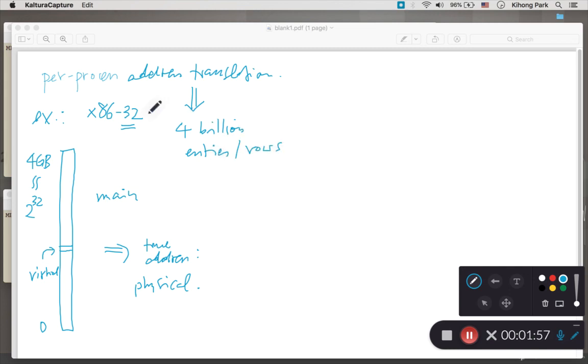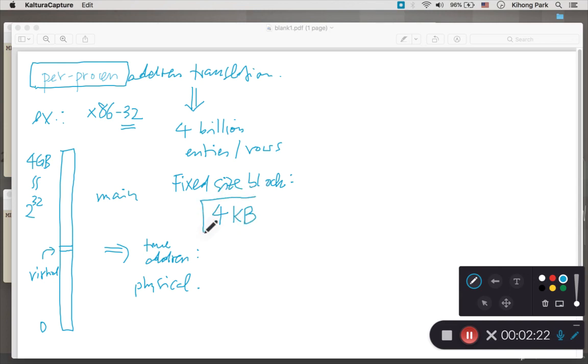And that's too much because it's per process. And in this case, one simple technique that we can use to shrink this down further is to use this fixed size block. It can be a different number, but we are using a very popular size, which is 4 kilobytes. So it's about 4,000 bytes big, 4096 to be precise, but roughly 4K.